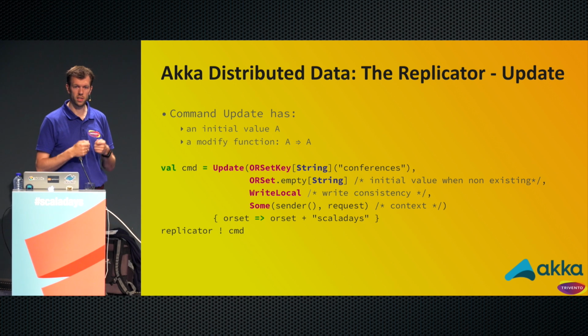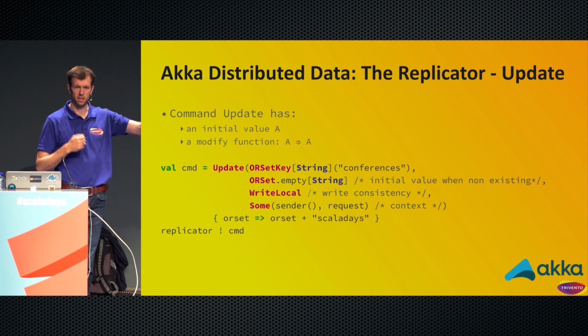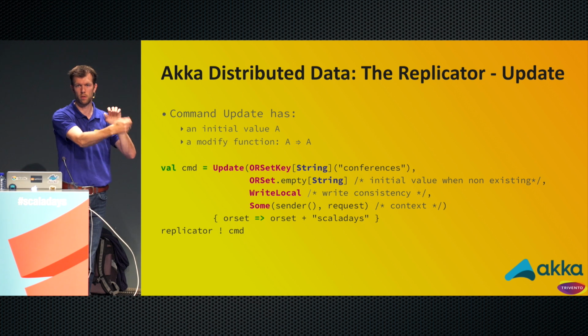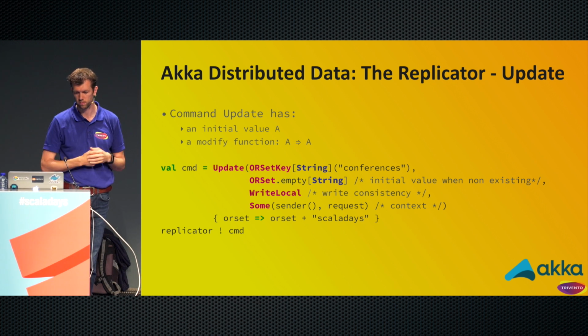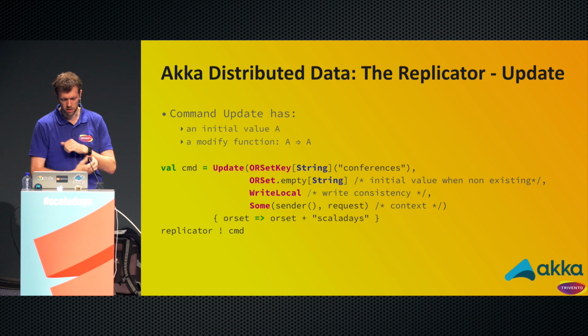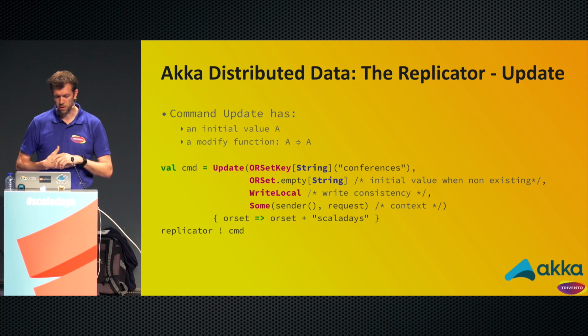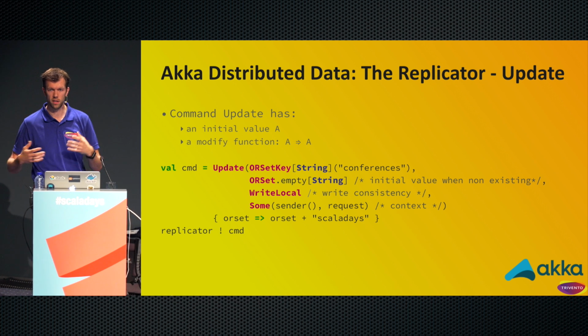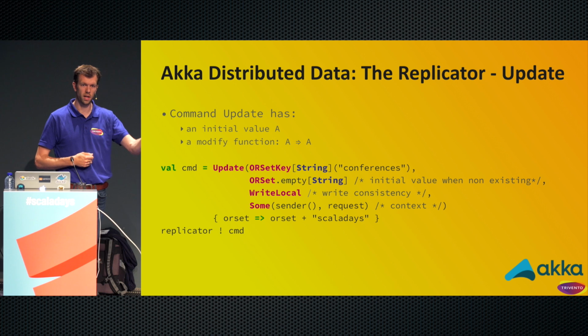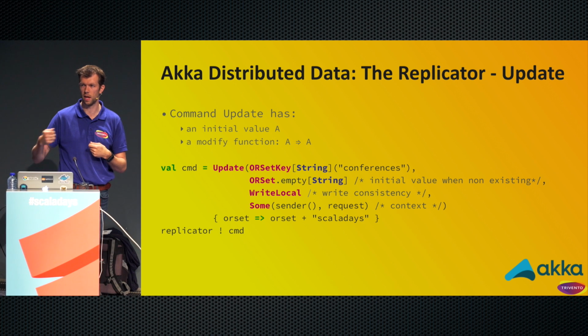So the modification is done on the other side, right? So I send the update function with the modification function to the replicator, and there it will be applied to the data structure. So if we look at this command, I have an OR set, and think of an OR set just like a plain set. You can put elements in it, and you can remove elements from it.